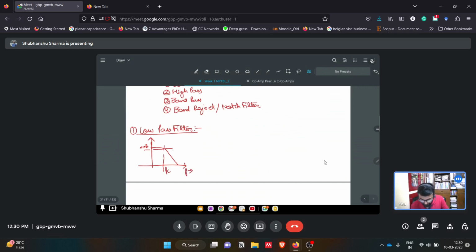This is a minus 20 dB per decade roll off rate, which we call the roll off rate. This is minus 3 dB at cutoff frequency, and then it is decreasing.